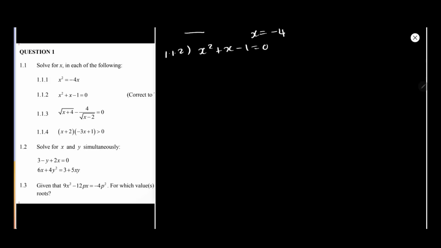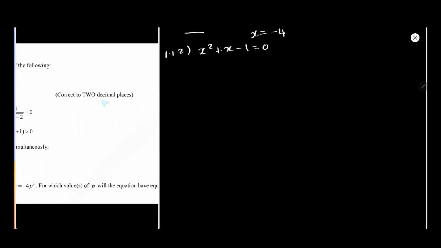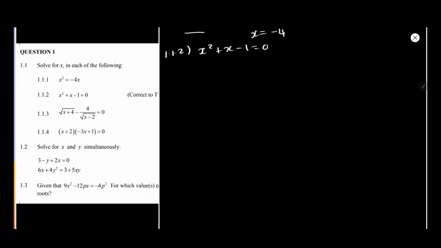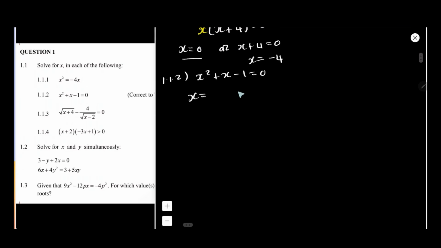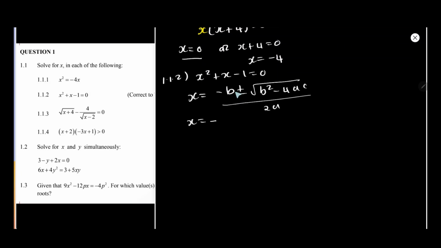Okay, and then 1.1.2 we have x squared plus x minus 1 is equal to 0, and they say correct to 2 decimal places. So the minute they're already telling you that, you have to use the quadratic formula. So we're going to go ahead and just say x is equal to, and put the quadratic formula. Now we're just going to substitute. We have minus b, and whatever b is here, it's a positive 1, an invisible 1 that is here.